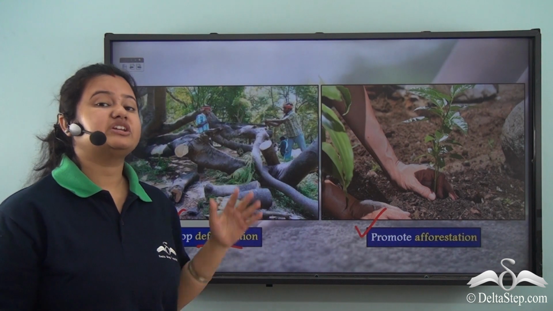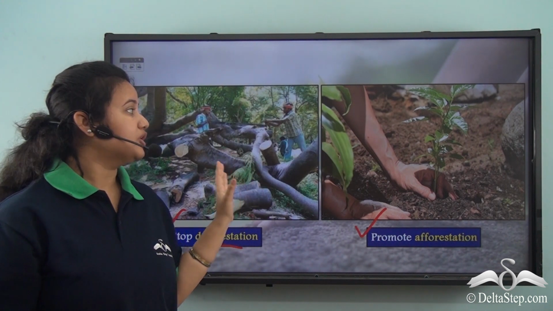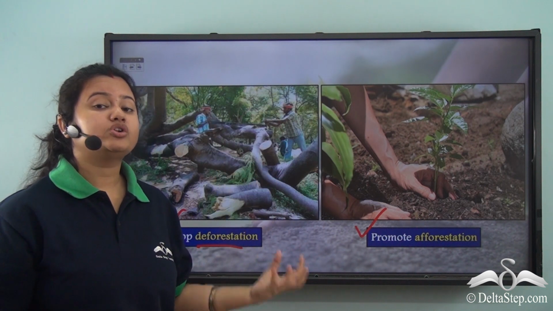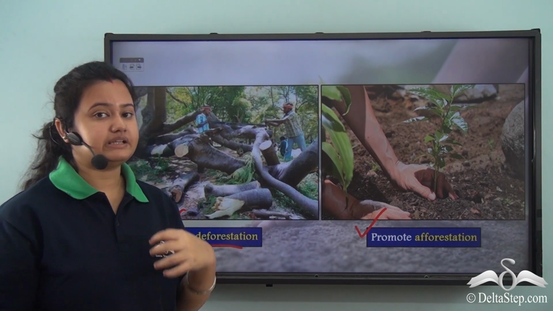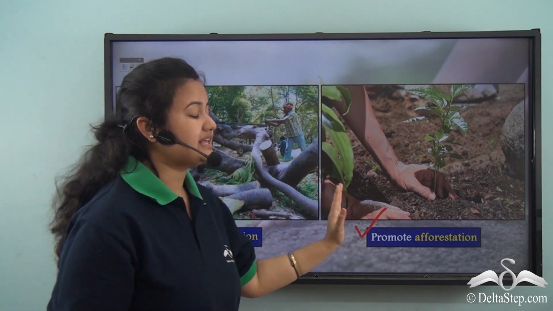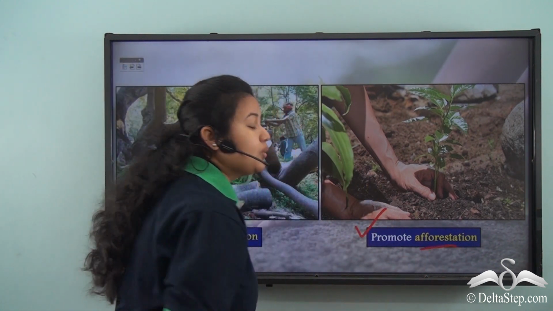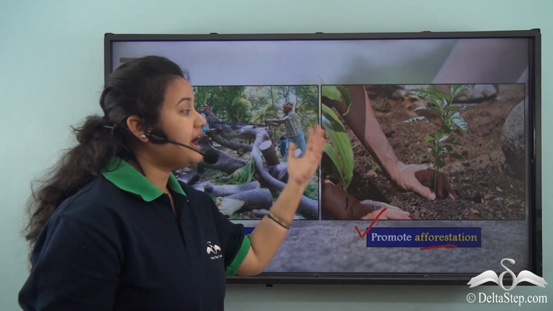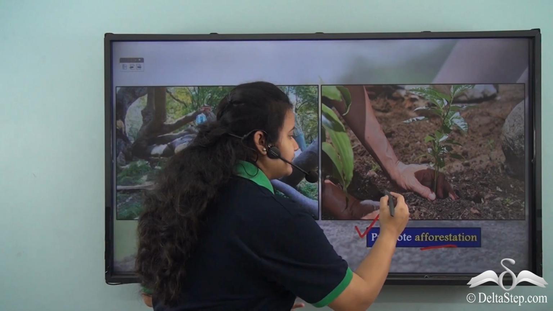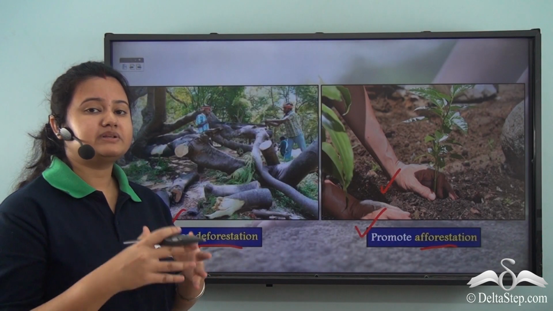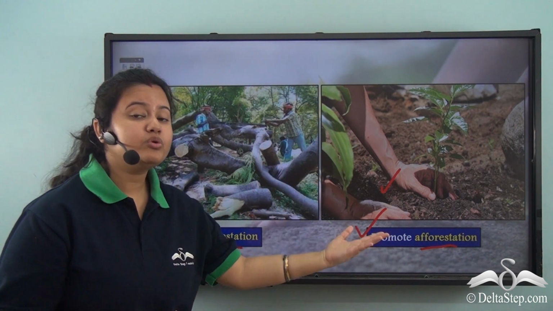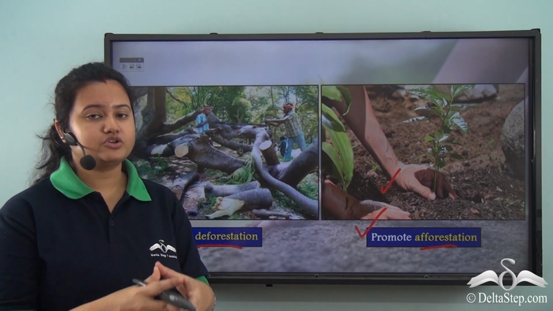So deforestation is an evil activity because here human beings are cutting down forests in order to satisfy their own needs. Just opposite to deforestation is the act of afforestation, which refers to the act of planting trees or re-establishing forests. So being responsible citizens, we must stop deforestation and promote afforestation as much as possible.